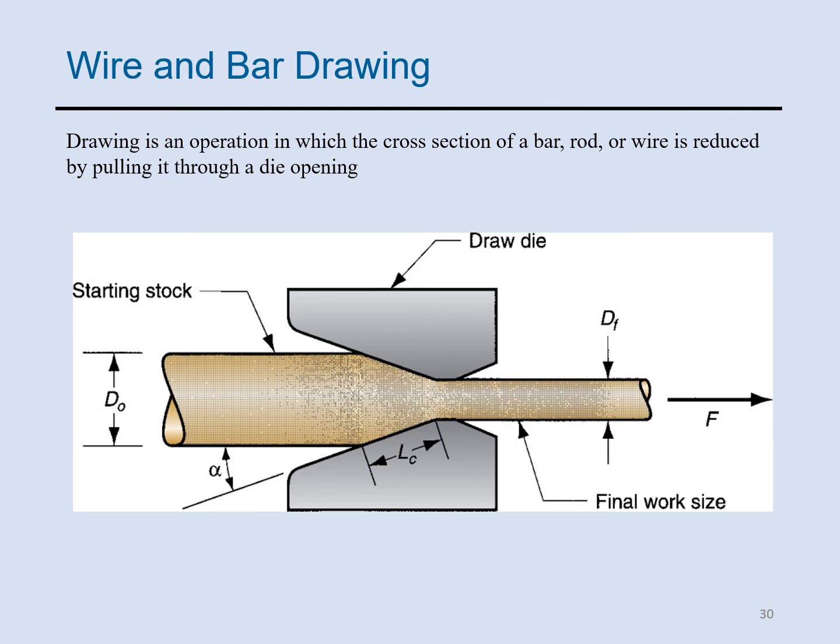The next process is called wire and bar drawing. In this operation, we have a rod or bar with a circular cross section, and the diameter of the wire is reduced as we pull it through a die opening.